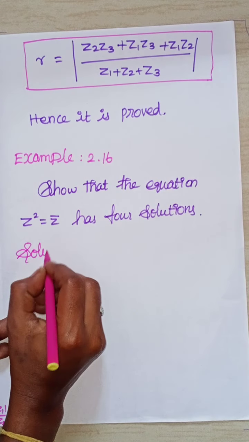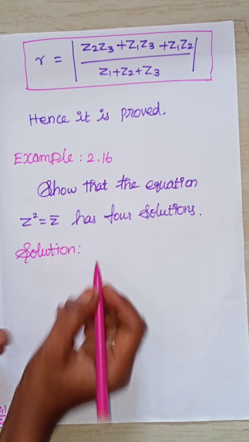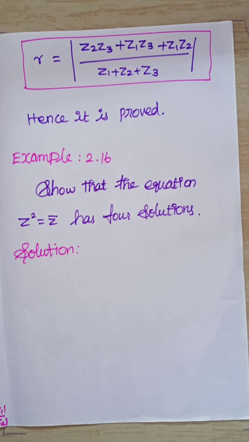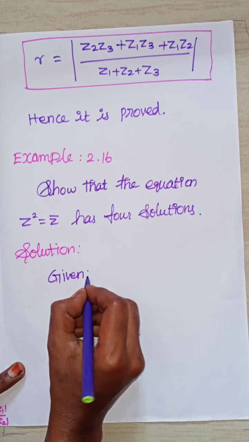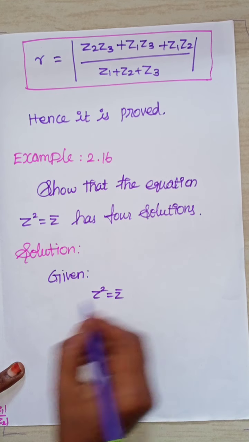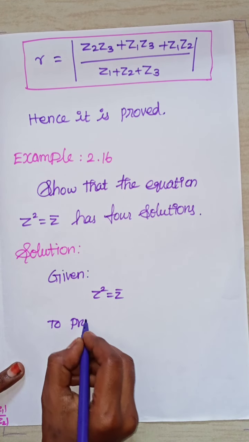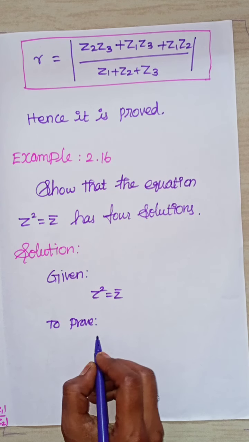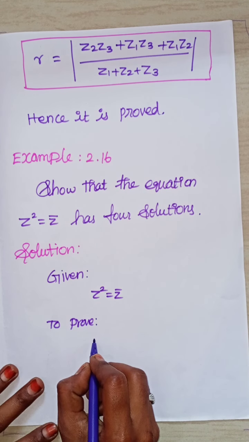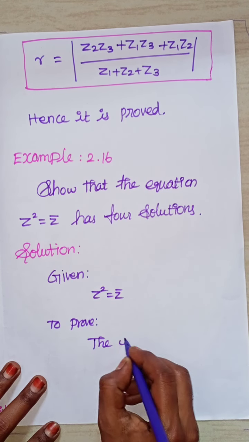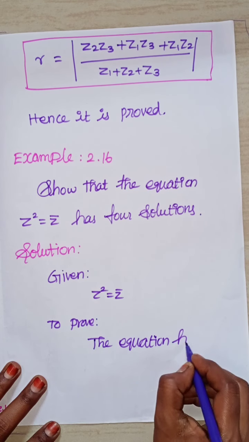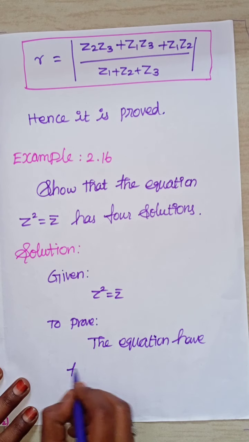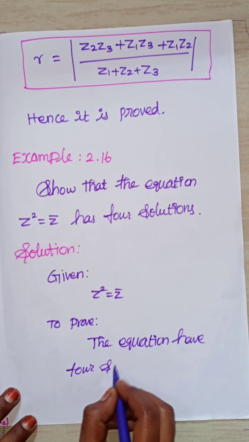What is given? Given z squared is equal to z bar. To prove that the equation has four solutions.